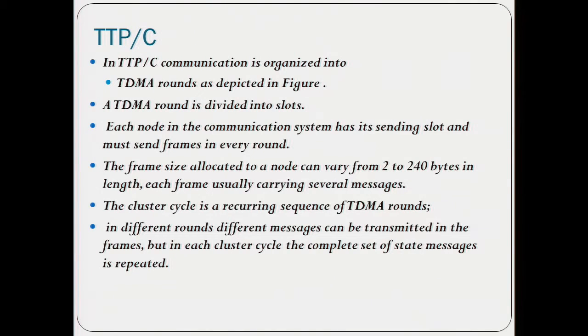It can go from 2 bits all the way to 240 bits, according to the different use that you have of this network. And so this frame, in general, contains several messages that have state information and the medl information. So in different rounds, different messages can be transmitted. It's not always true that the same message is sent. So sometimes you want to package the message in a different way.